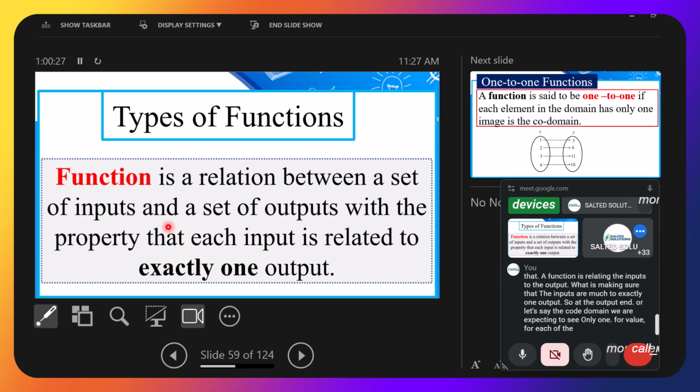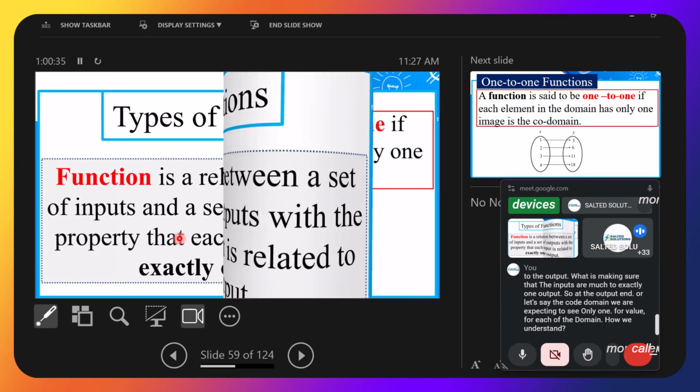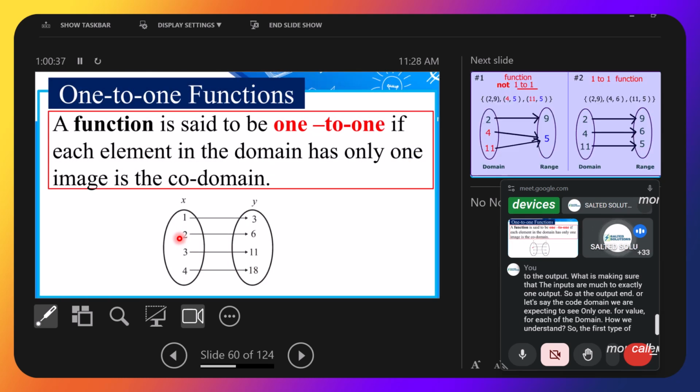I hope we understand. So the first type of function we'll talk about is one-to-one function. And the one-to-one function is a function where each element in the domain has only one image in the codomain.